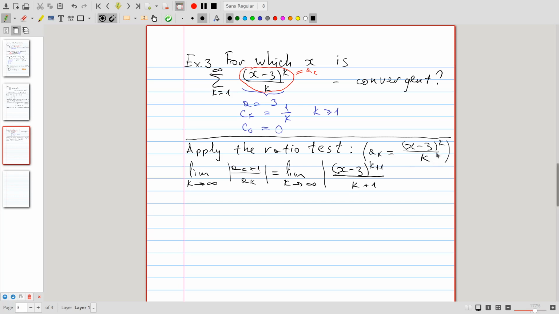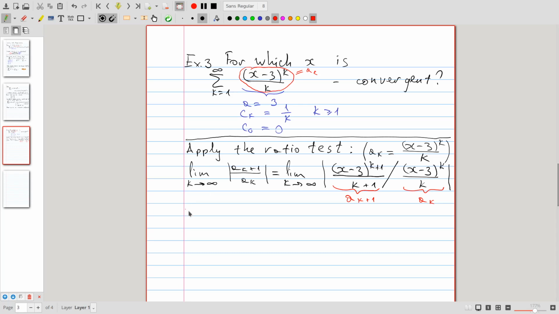I have replaced every occurrence of k with k plus 1. And this is divided by x minus 3 to the k over k, and this is the ak term. Once again, this entire expression corresponds to ak plus 1, and this here is nothing but ak. So this is the k plus first term of our power series. This is the kth term of our series.